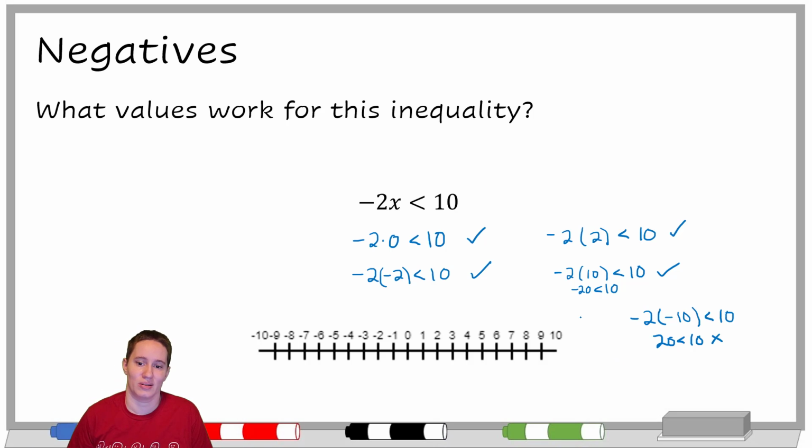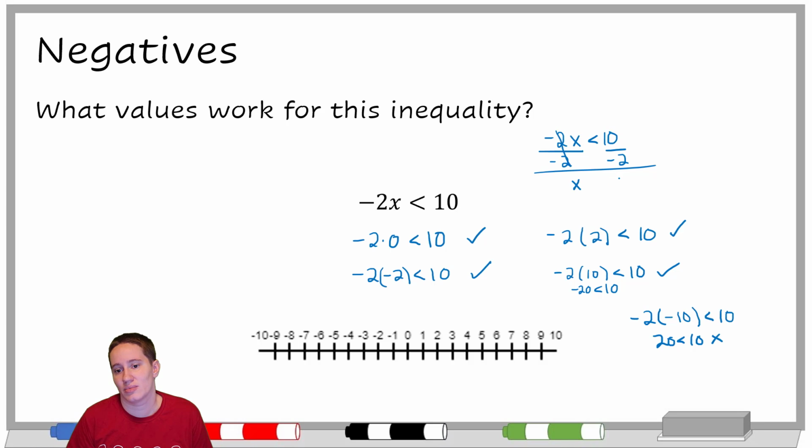So here's kind of the rule that we apply to this. We're going to divide both sides by -2 just like we would in an equation. And we get x and something -5. But is it that we're saying that x needs to be less than -5? Or do we actually want x to be greater than -5? Look at the numbers that worked for us. 0 worked, which is greater than -5. -2 worked, which is greater than -5. +2 worked. +10 worked.